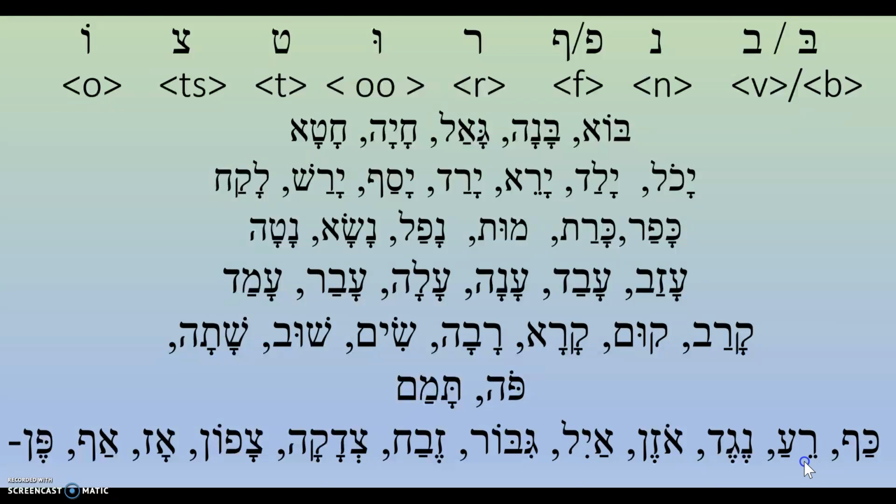But we have to know that this is rea, that the patach under it is a furtive patach. Next word is neged. Neged is opposite, in front of. And rea was friend, companion, neighbor. Rea and neged, opposite, in front of.